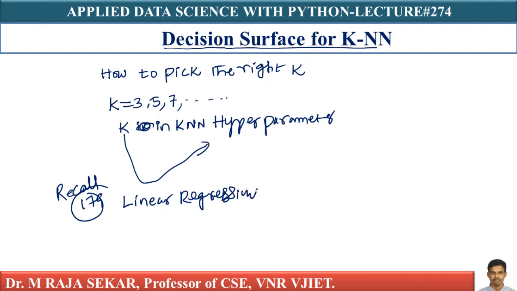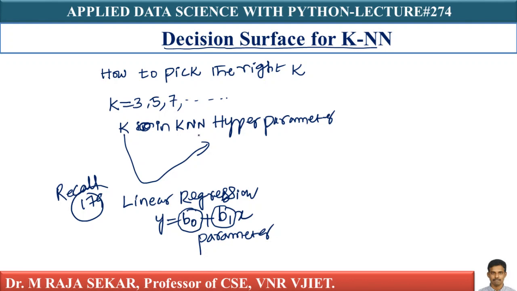In that lecture, we were saying that y equal to b0 plus b1x. These b0, b1 are known as parameters, whereas k in KNN is known as a hyperparameter. I will differentiate between parameters and hyperparameters in my future lectures. Just remember for now that k is a hyperparameter in KNN.